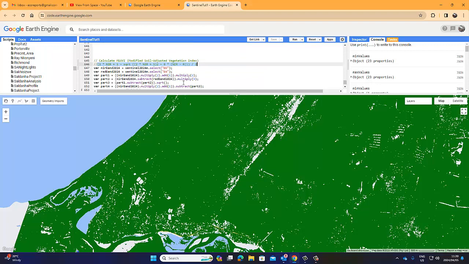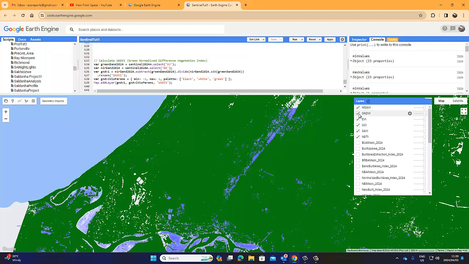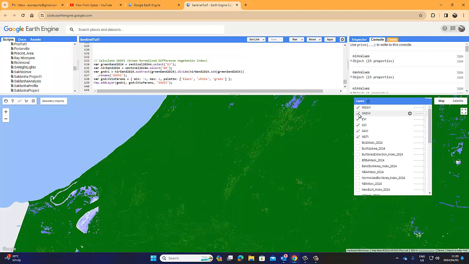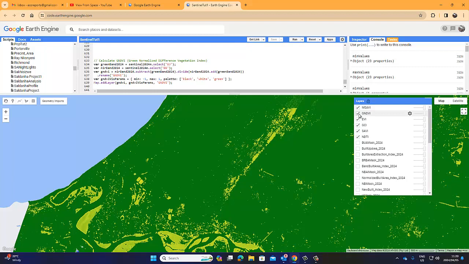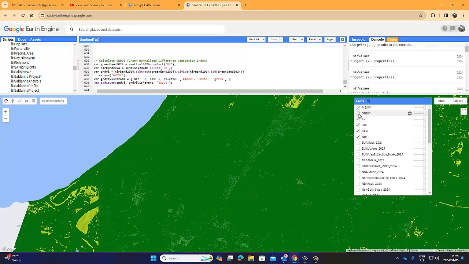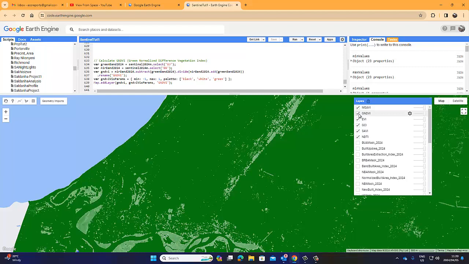Okay, as I said, we've done 1, 2, 3, 4, 5, 6 of them now. And they are all, as I said, somehow evolved or related to our normalized difference vegetation index. They're basically spillovers or derivatives of that one day.